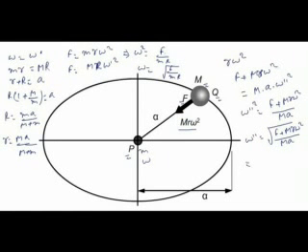Since omega square is equal to capital F by mr, we can put the value of omega square here. So omega double dash square will be equal to F plus mr into F by mr by ma.